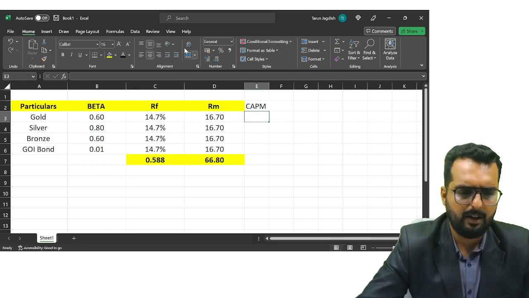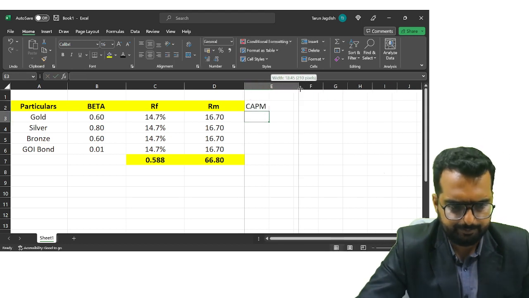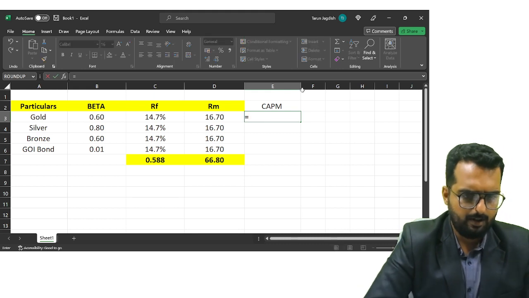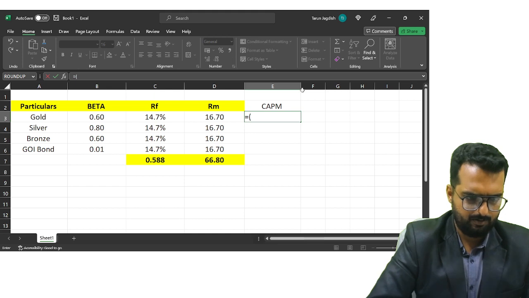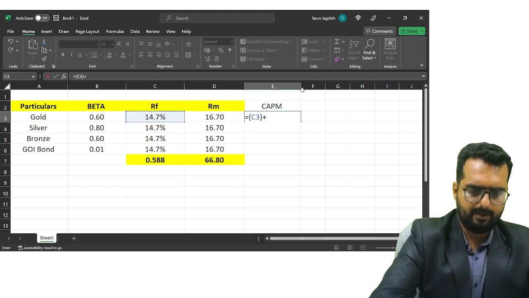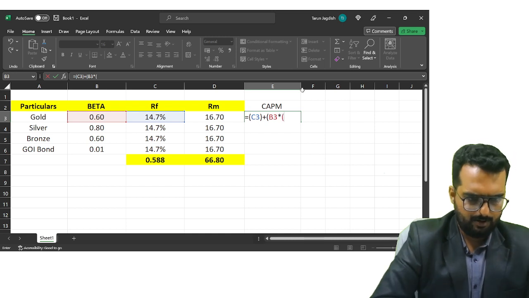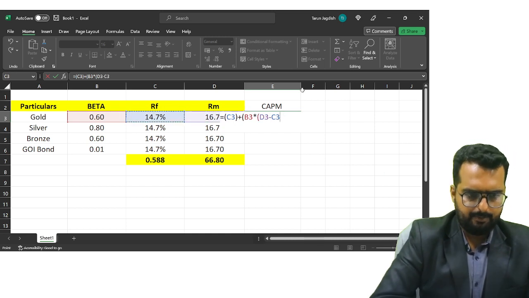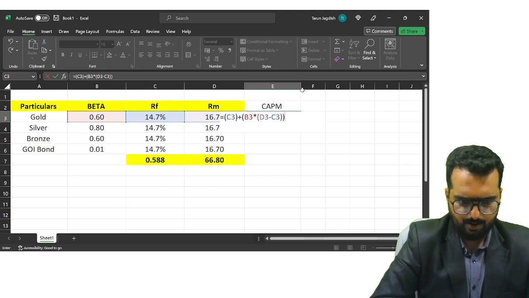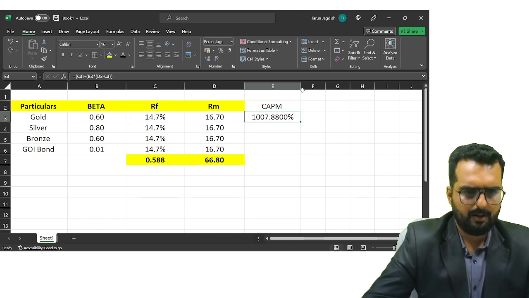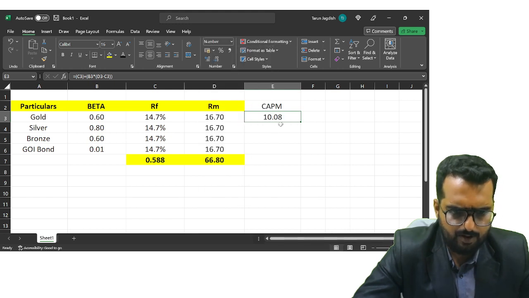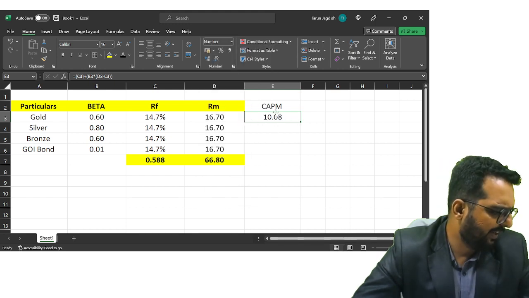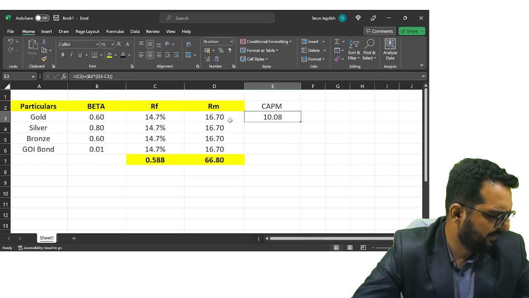CAPM return will be RF plus beta into RM minus RF. Okay. 10.08% is the answer we get for the first one.